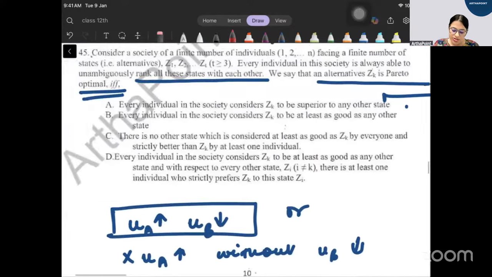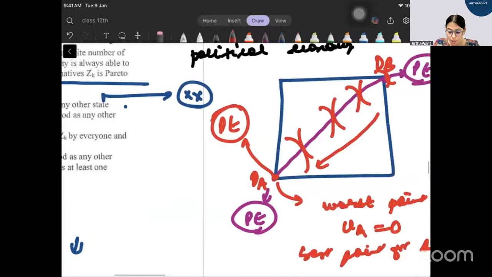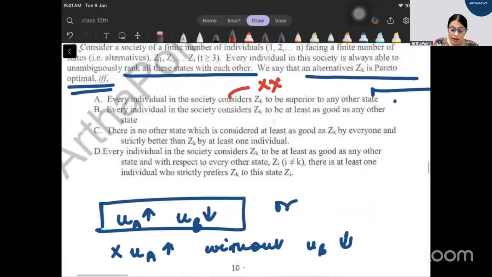But statement A is saying every individual in society considers that to be superior. That's not the definition. Even when it is not superior for one of them, it can still be Pareto efficient. So this is the wrong definition of Pareto efficiency. Statement B: every individual in society considers ZK to be at least as good as any other state.